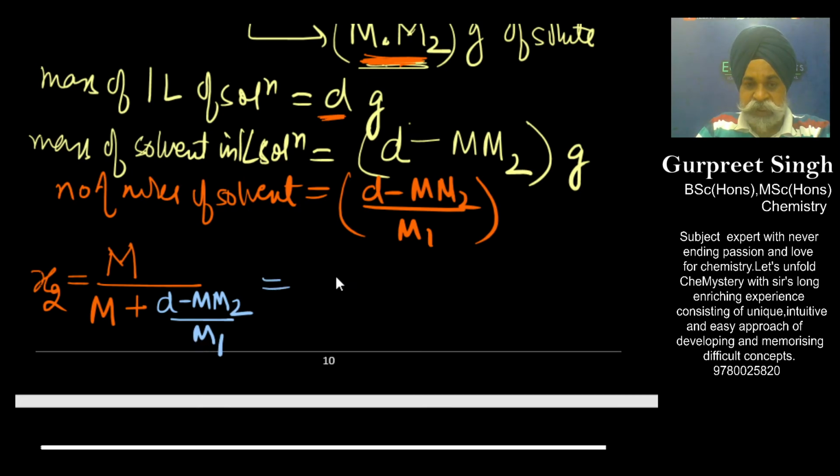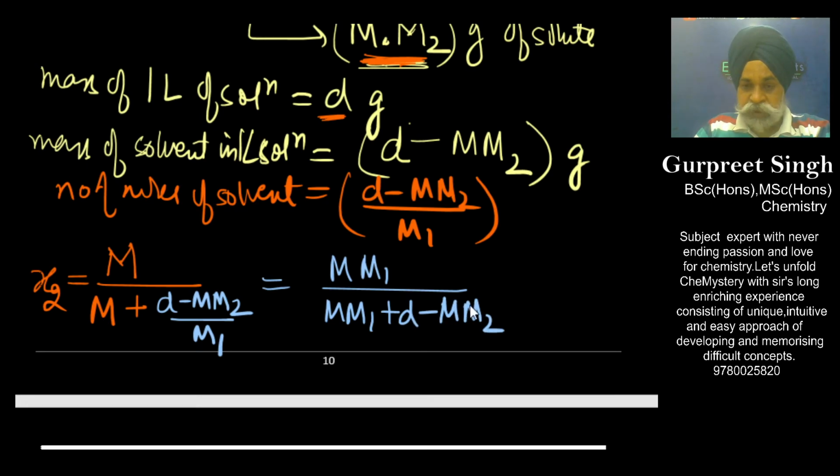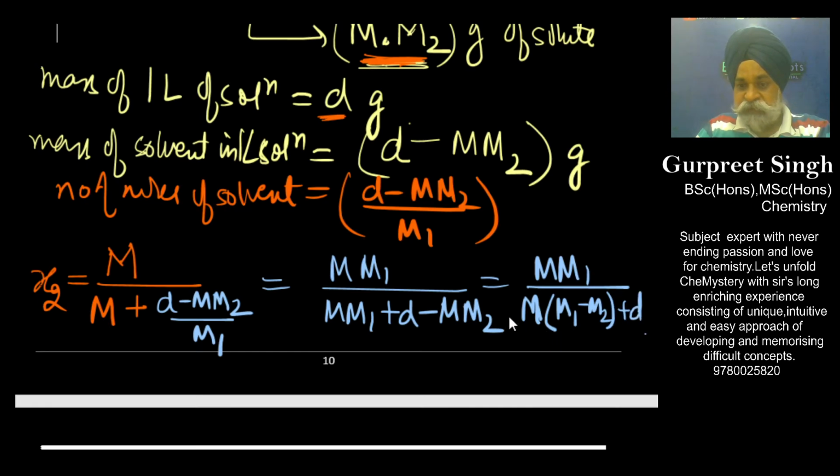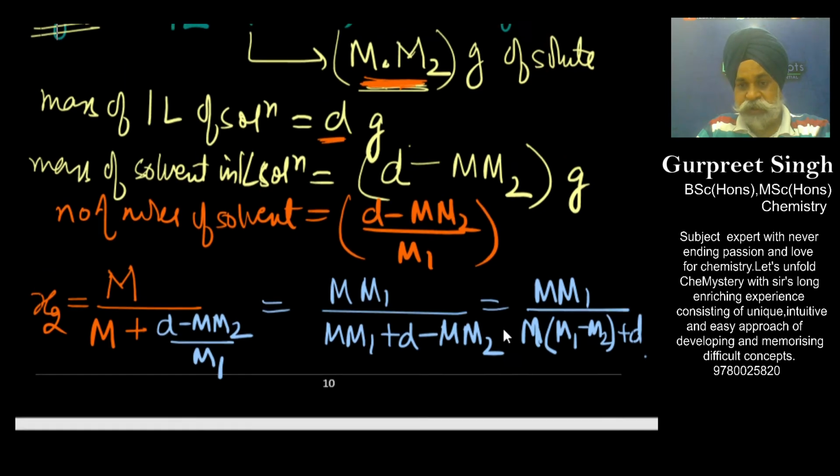If I solve it out, it becomes mM1 upon mM1 plus d minus mM2. This can also be written as mM1 upon m times (M1 minus M2) plus d. So we have to see whether they have given this sort of an option or not.